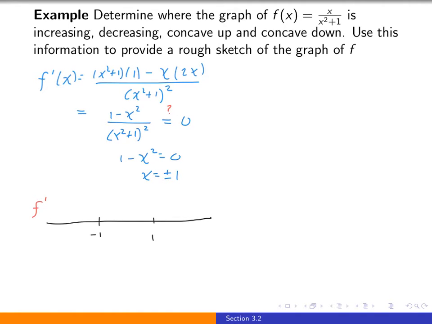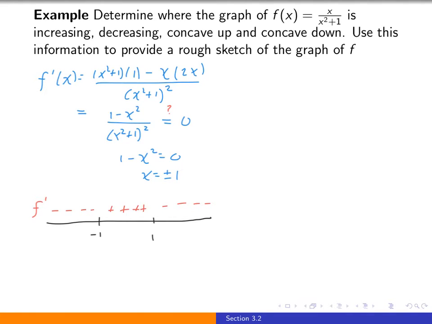If we go back and look at the simplified version of f prime, we see that the bottom is always positive because it's a square, so we really just have to think about what's happening in the top. When is this 1 minus x squared positive or negative? And f prime is going to be negative to the left of minus 1, positive in between, and then negative after 1.